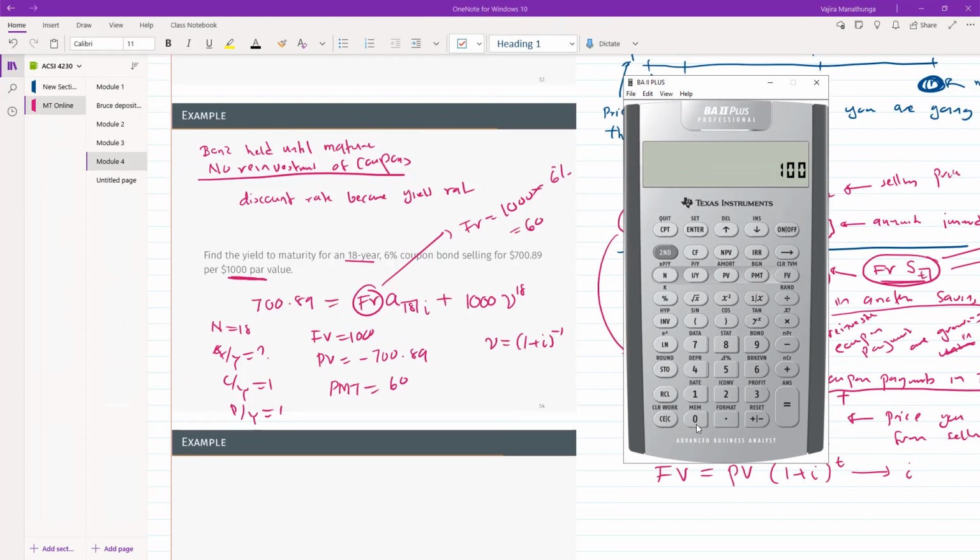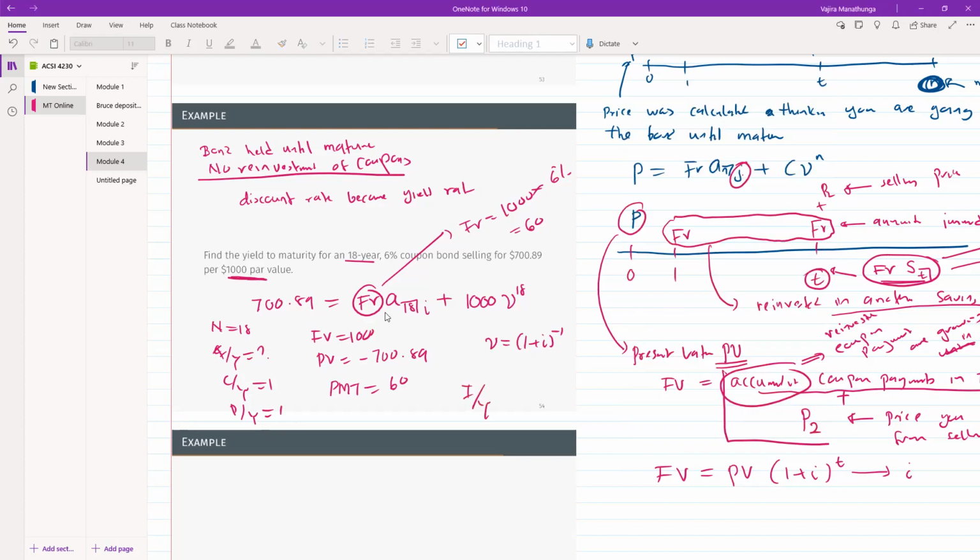So I have 1000 as future value, 700.89 with a negative sign as present value, 60 for payment, 18 for N, and then compute I/Y: 9.54. So that would be the yield rate. Okay, so that's the yield rate.